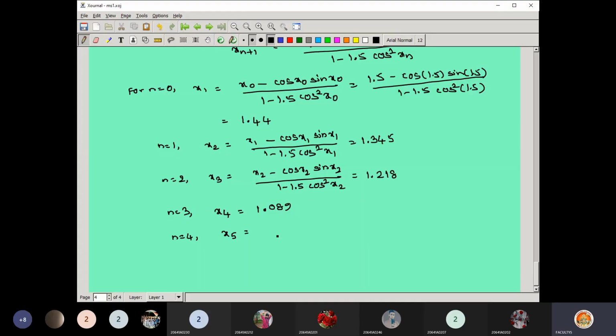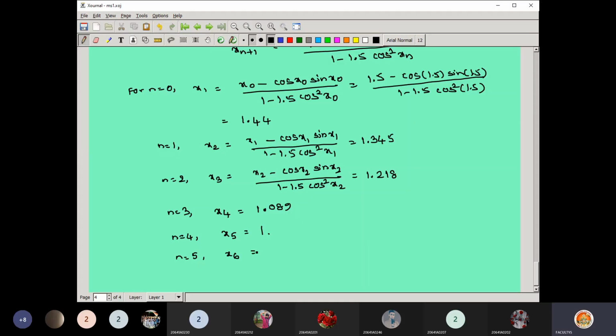Is it correct? X5. Correct, Amma? Go for the next value, n equal to 5, x6.